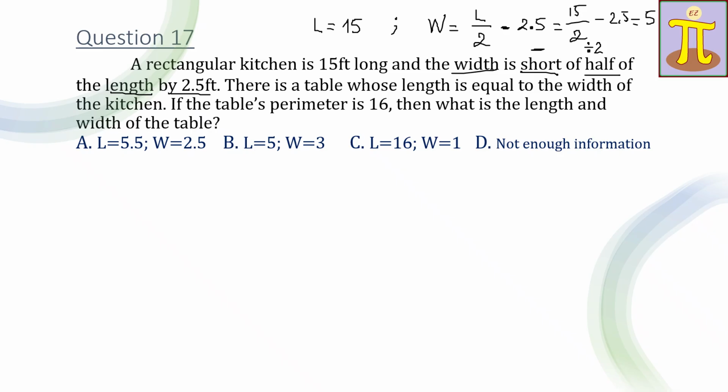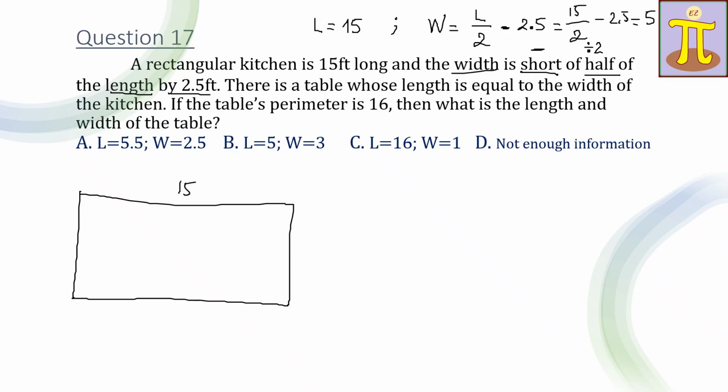Okay, so this is the kitchen. This is the kitchen where the length is 15 and the width is 5. Now they say there is a table whose length is equal to the width. So the table is right here.